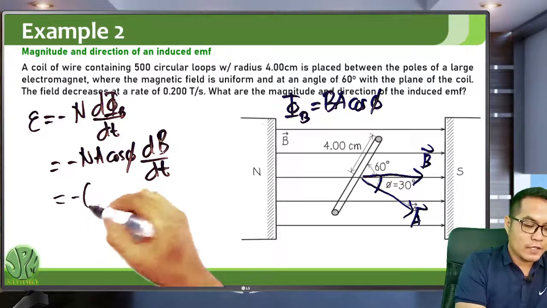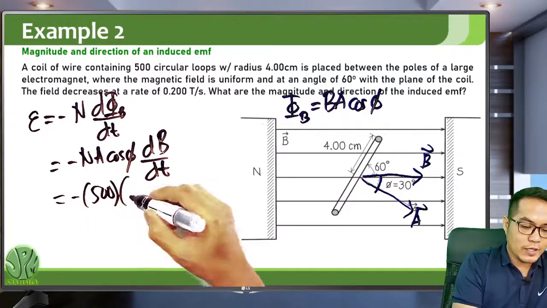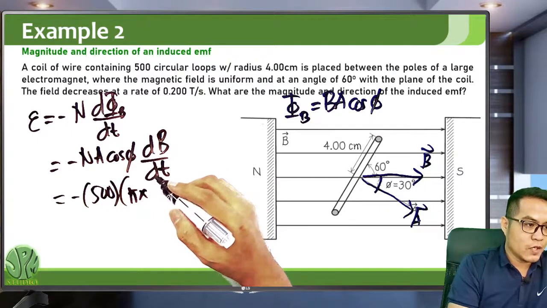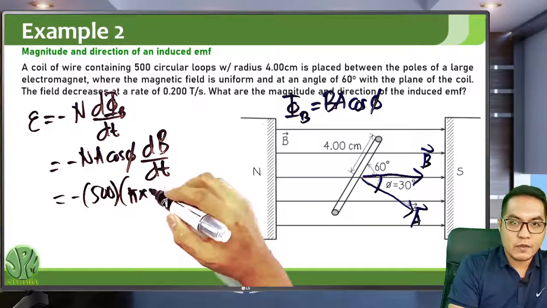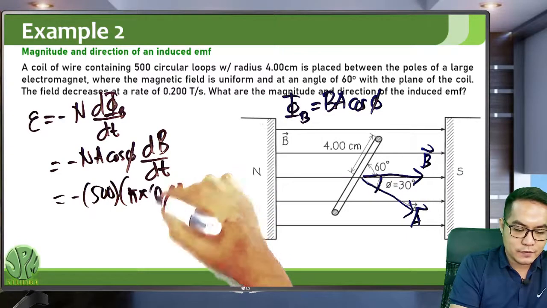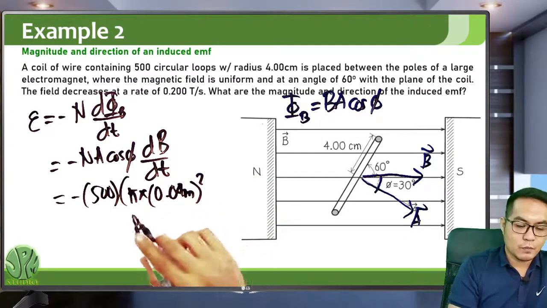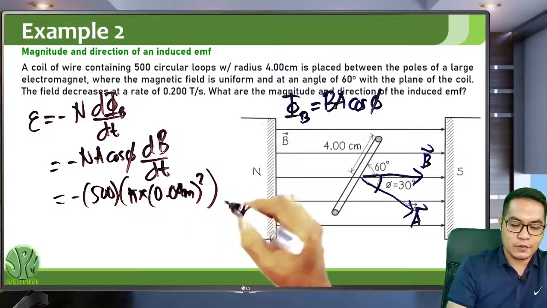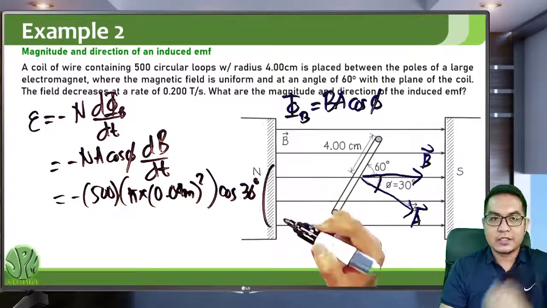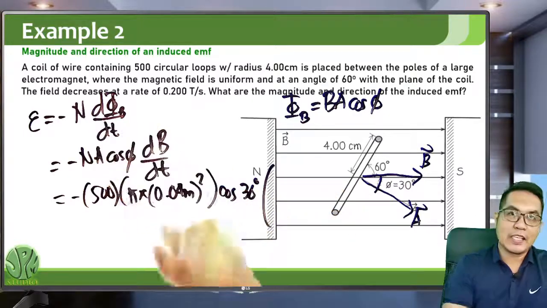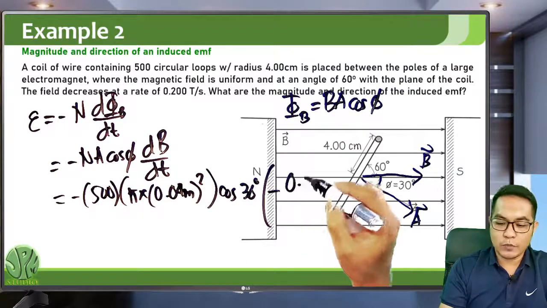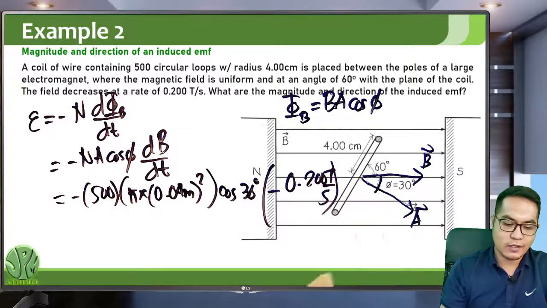N is 500, area is pi times radius squared. The radius is 4 centimeter, in terms of meter, that is 0.04 meters, squared. So pi r squared, that's the area, times cosine of 30 degrees. And dB/dt, take note, is decreasing. Decreasing is a negative change. It's negative 0.200 Tesla per second.